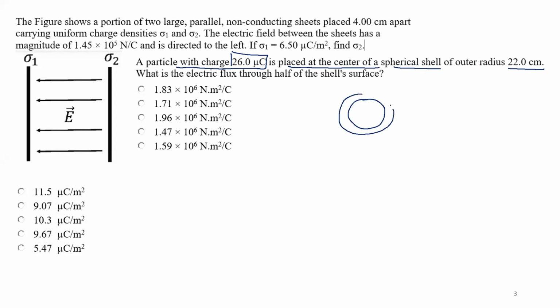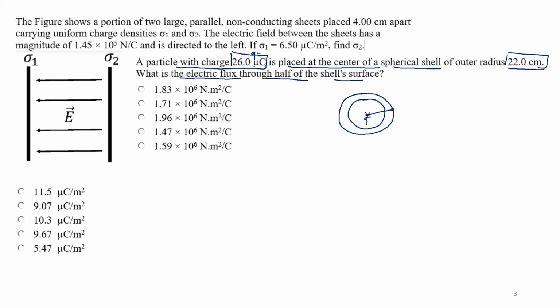And at the center here, I have a charge, let me call it Q, and Q is equal to 26 microcoulomb. Now what's the question? The question is, what is the electric flux through half of the shell surface? The outer radius is just 22 centimeters.